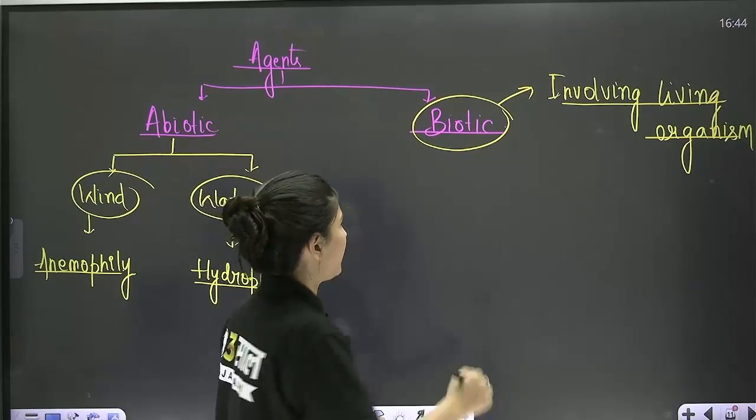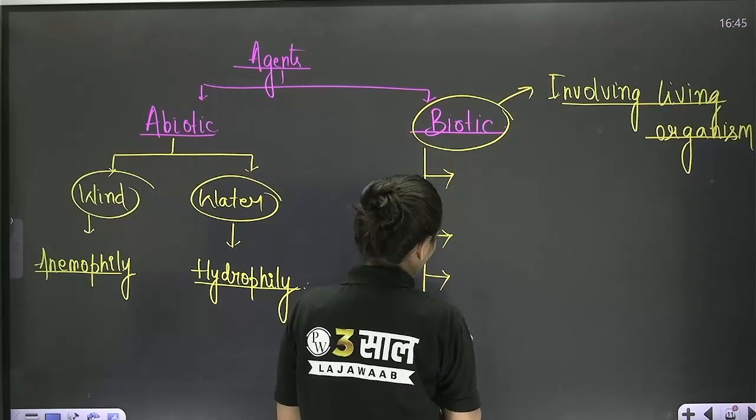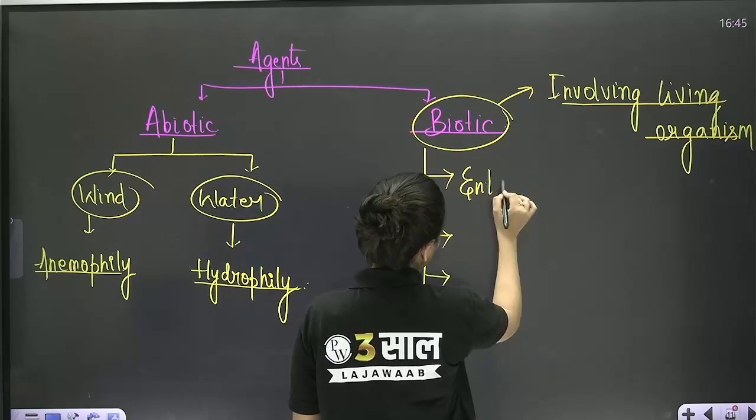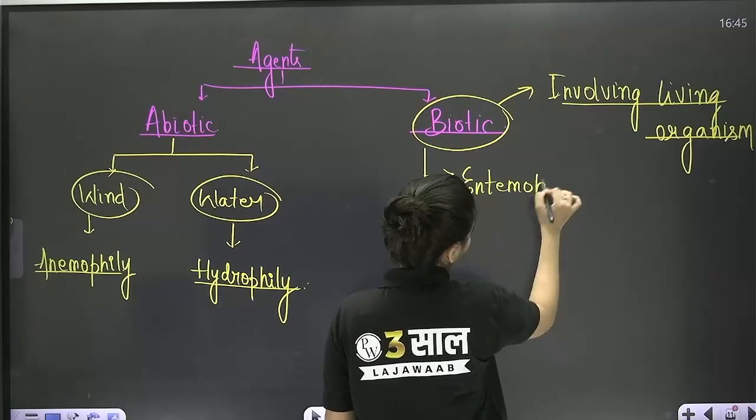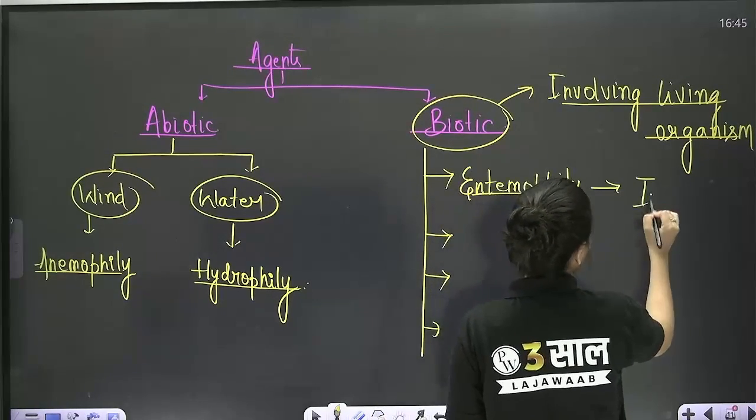Right? So we have different types of biotic pollination. For example, entomophily is simply pollination via insects.